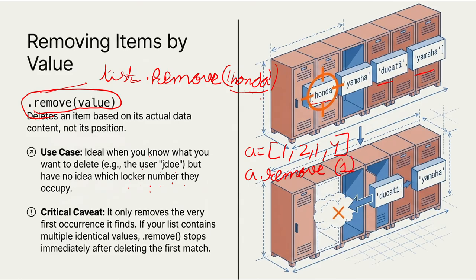What will happen? It will just remove this first one and leave the second one over here. So your list will become 2, 1, 4.